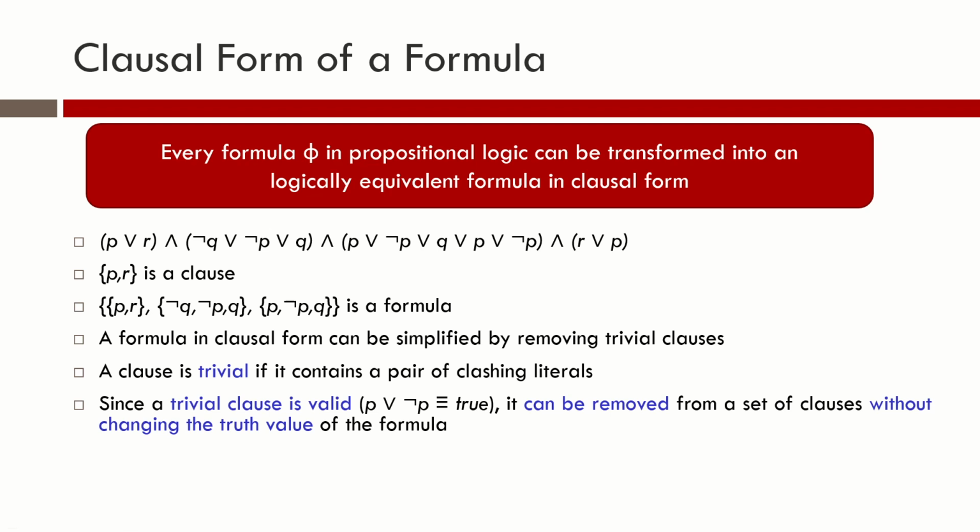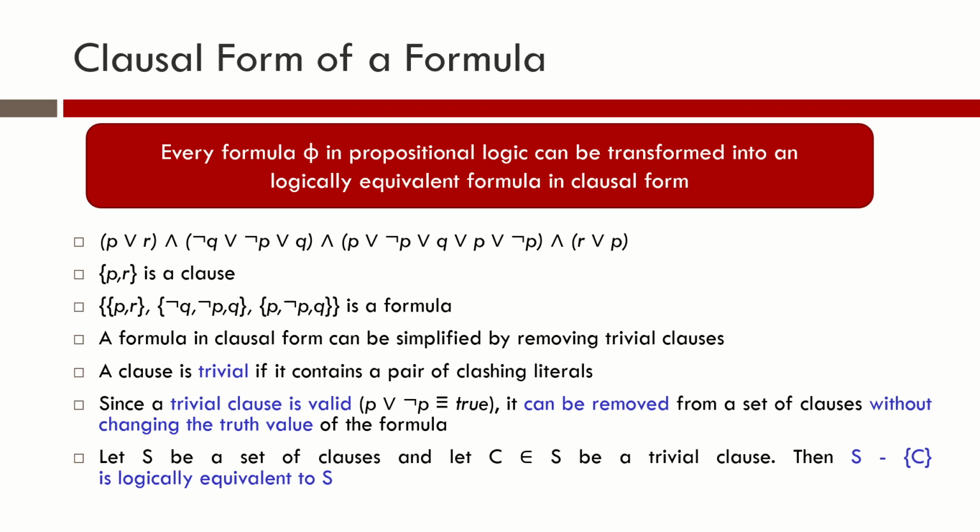So we can remove trivial clauses without changing the truth value of the formula, because they are valid, or their value is true. Now, if S is a set of clauses and C is an element of S which is a trivial clause, then we can remove C from the set of clauses S, and the resultant set of clauses will be logically equivalent to S, because C has the truth value true.